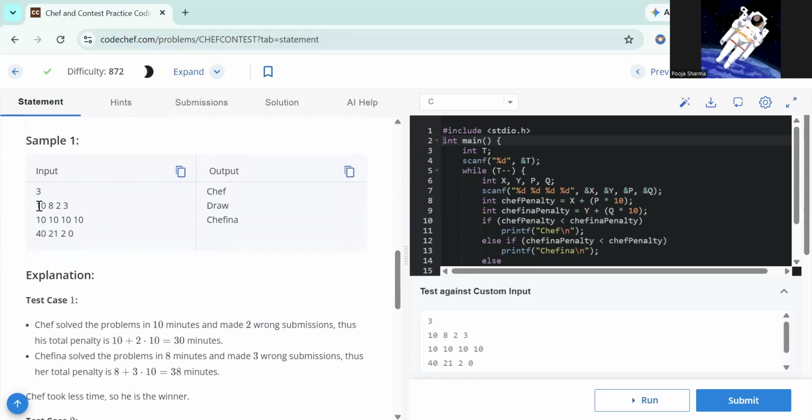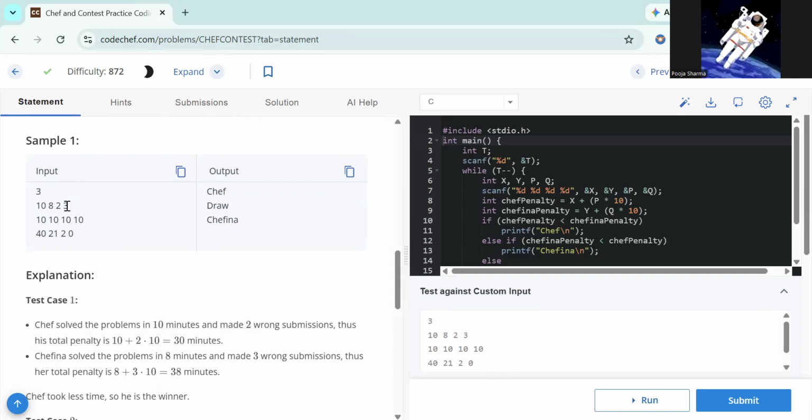Here you are entering the four values 10, 8, 2, and 3. Now, what are those values? There is a competition going on between two chefs. One's name is Chef and another's name is Chefina.